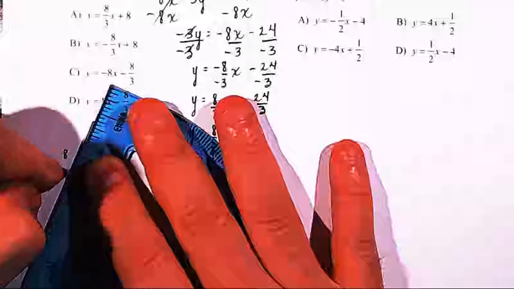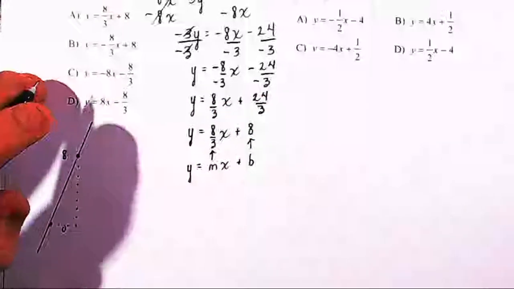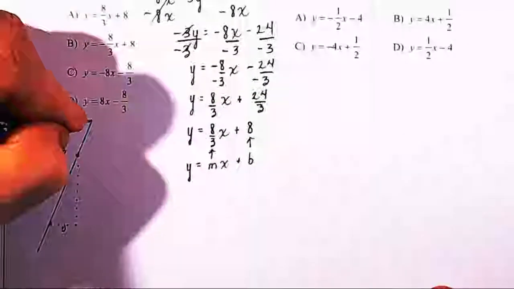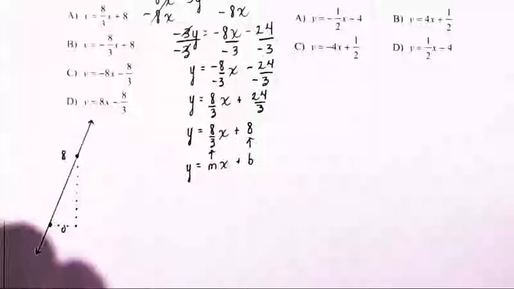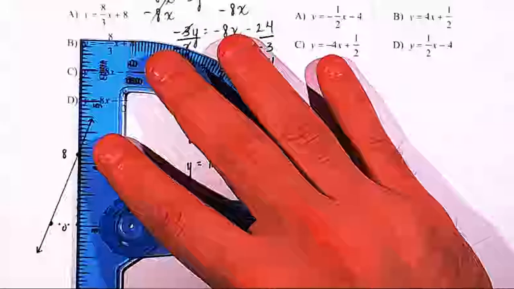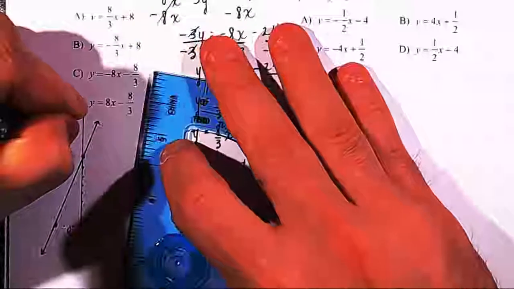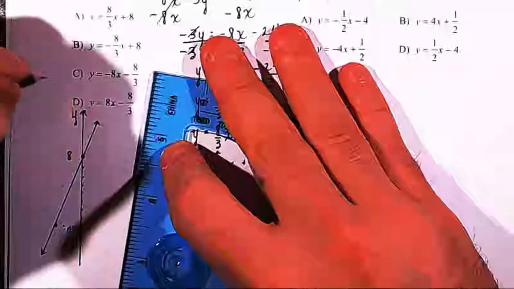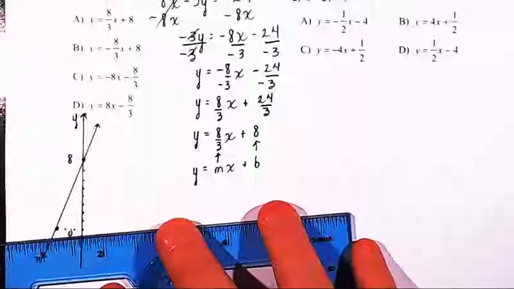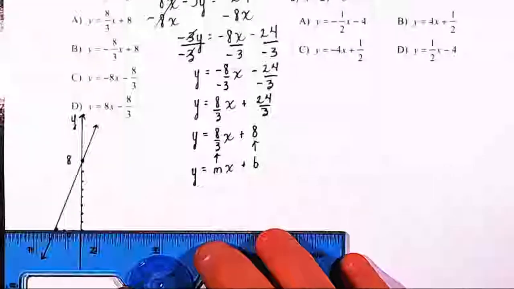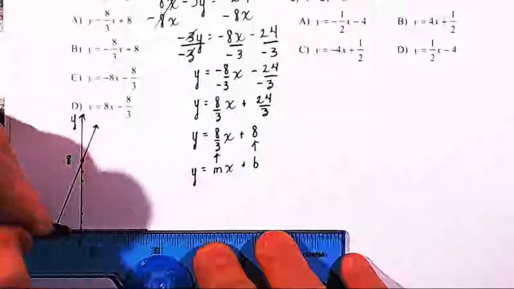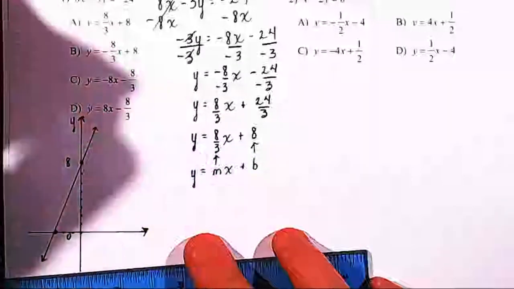So if you were to put this in your graphing calculator, it should look something like that. Okay, with this being the y-axis and this horizontal line here being the x-axis.